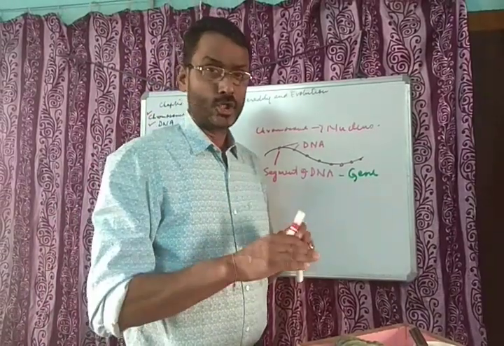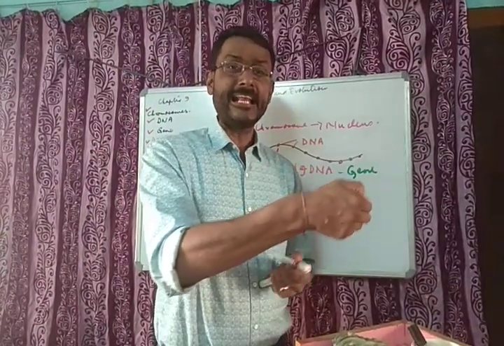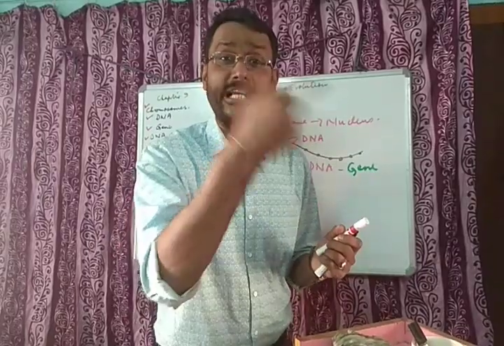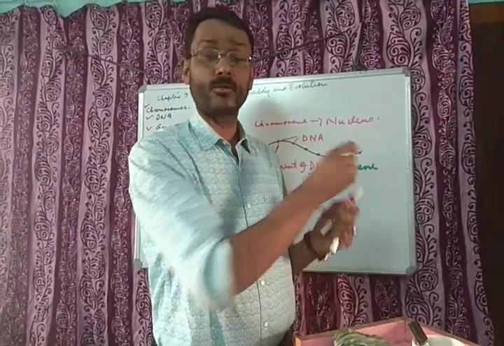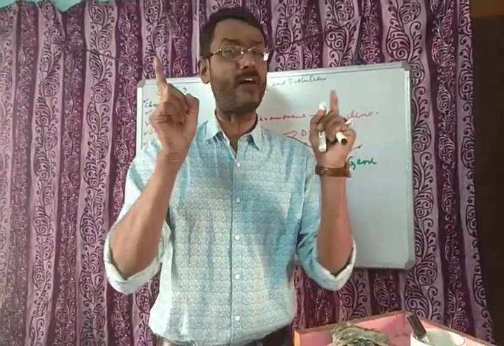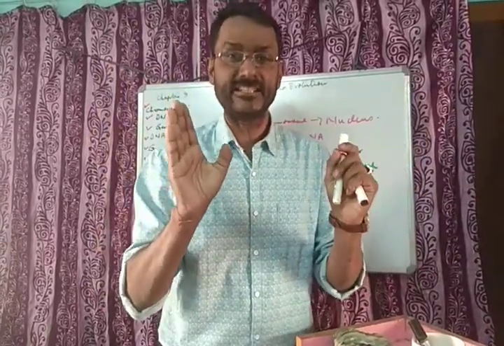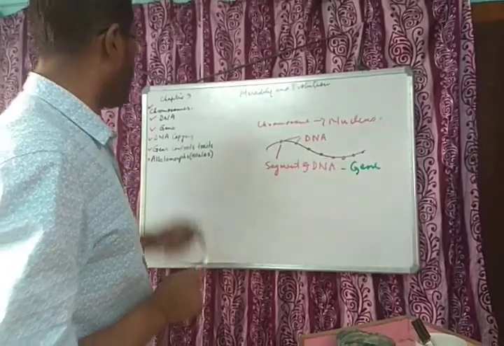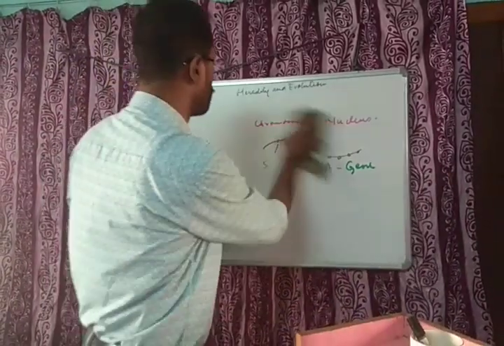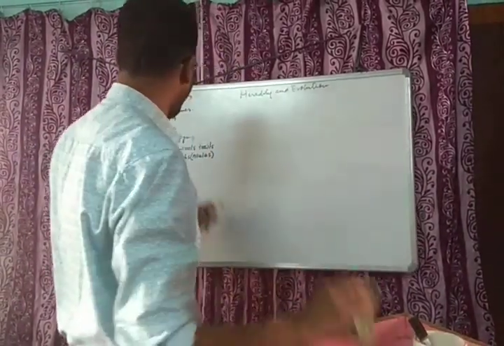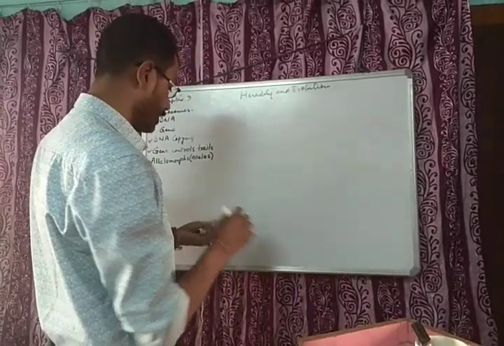Clear? So what is DNA? DNA produces proteins, plural, in the cells. What is gene? It's a segment of DNA which produces a protein. That is the difference.